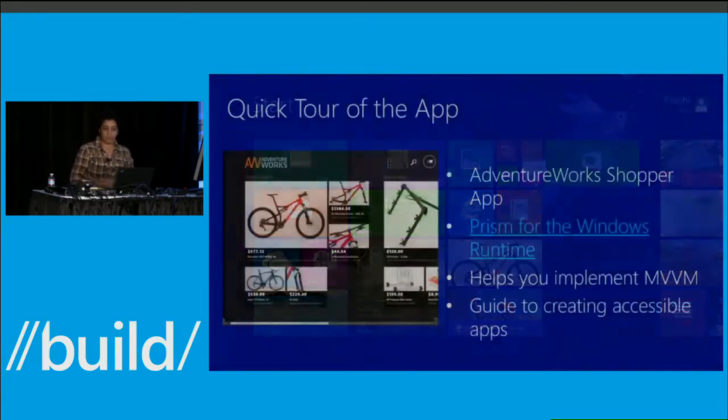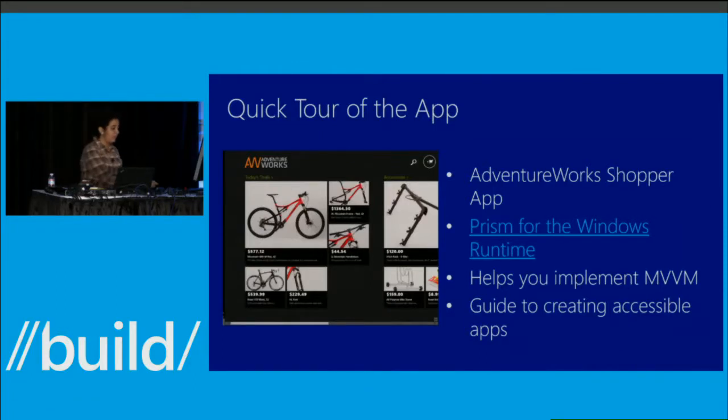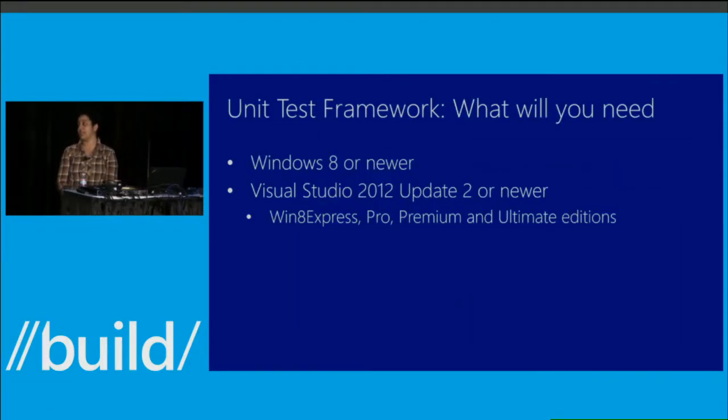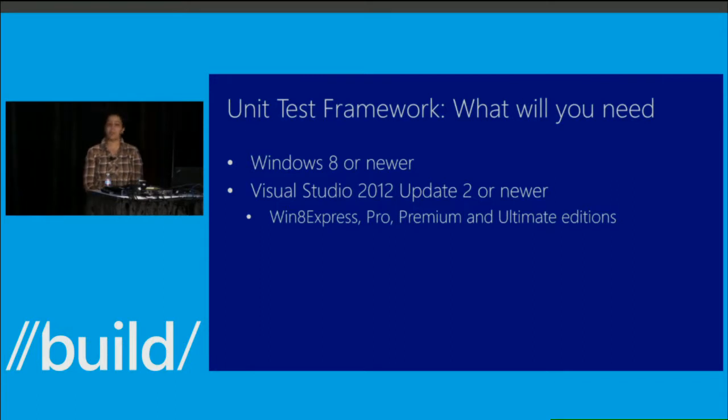And talk about what you are going to need for the unit testing framework capabilities that I'm going to talk about today. You need Windows 8 or newer, and you need Visual Studio 2012 Update 2 or newer. Unit testing capabilities ship in Win8 Express, Pro, Premium, and Ultimate editions.